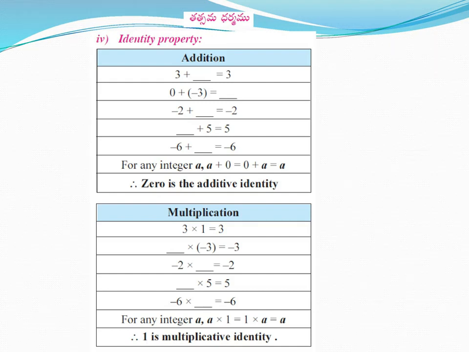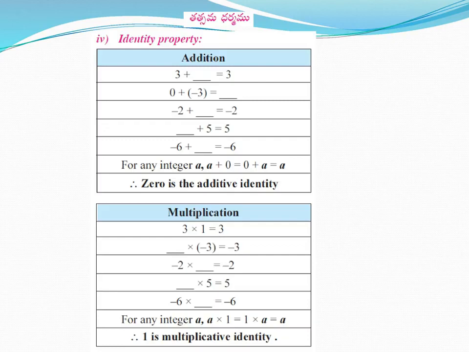Now one question: what is the additive identity of integers? Yes, 0. And what is the multiplicative identity? Yes, 1 is the multiplicative identity for integers.